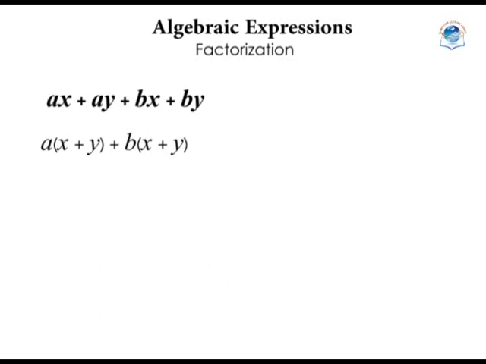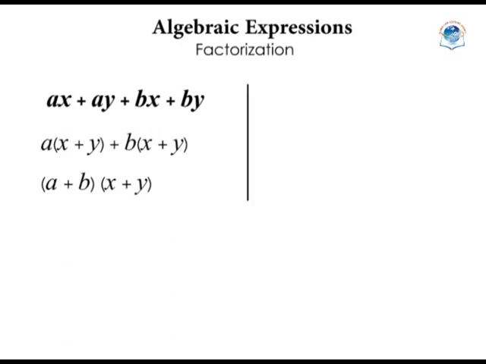So we have a into x plus y plus b into x plus y. The terms in the brackets are the same, x plus y, so we pick one of them. Then we put the factors outside the brackets together, a plus b. And that expression factorizes into a plus b times x plus y.